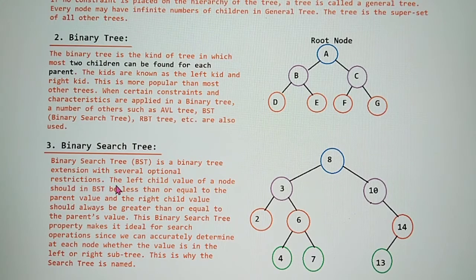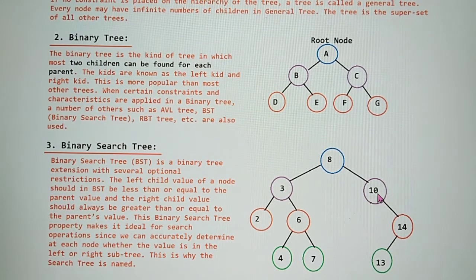So here it is written that the left child value of the node should be less than or equal to the parent value, and the right child should always be greater than or equal to the parent value. Now 8 is the parent value. 3 is the left node and 10 is the right node, because 3 is less than the parent node and 10 is greater than the parent node.